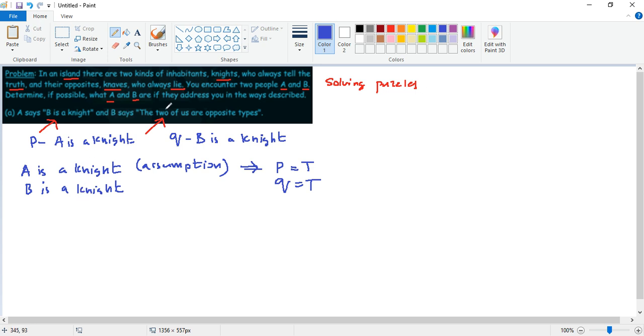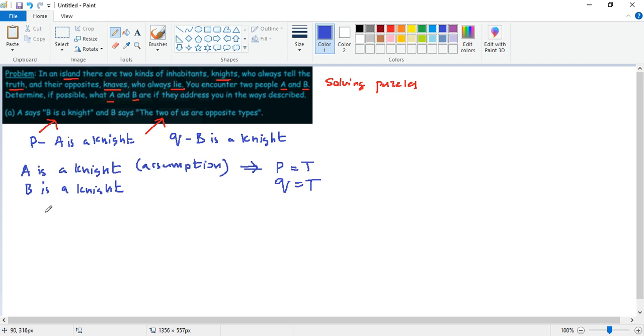Now let's look, we don't know what kind of person B is, right? B says the two of us are of opposite types, right? Which means they cannot both be a knight or both be a knave at the same time, according to what B says.